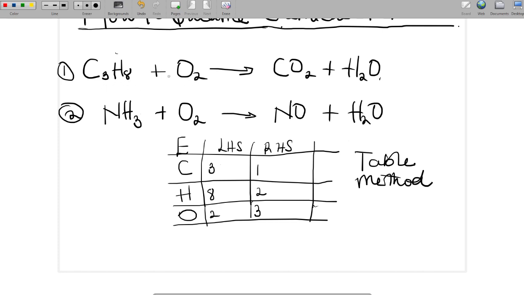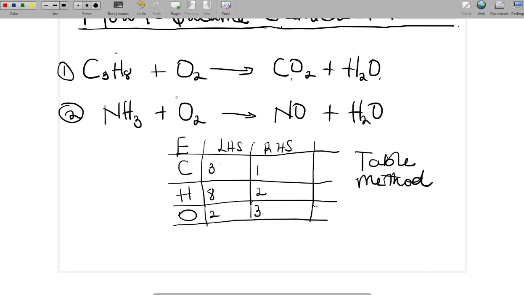You can only add numbers in front. You can only attach coefficients to these elements, but you cannot alter the subscripts. For example, this is a 1 here, and a 2 here. They must remain as they are. You can only add numbers in front, like here and here.